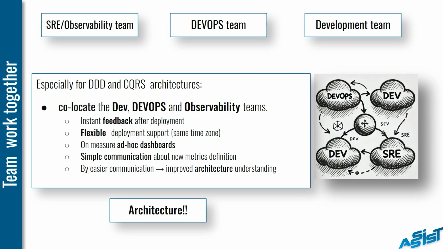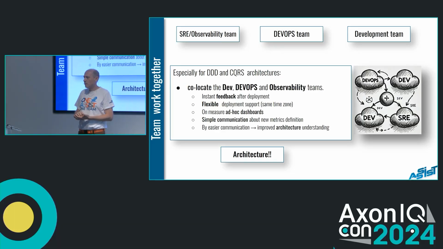Maybe it is not that necessary on this BBC architecture that Allard mentioned, but on domain-driven architecture with CQRS and those a bit more complex architectures, the observability team doesn't just plug some observability tool into repositories, but they really have to understand what is happening inside. So if you have a chance, collocate your team. Have the dev, DevOps, and observability team together. You gain a lot.